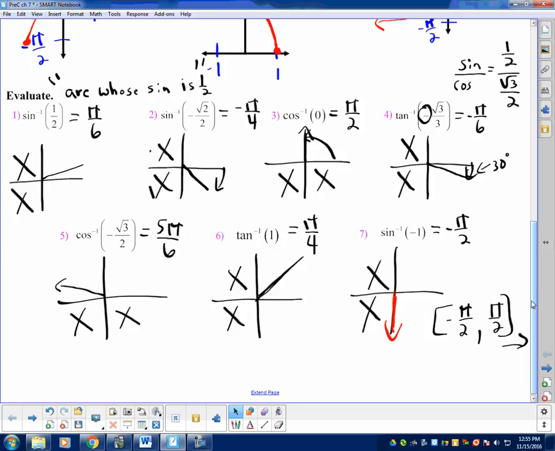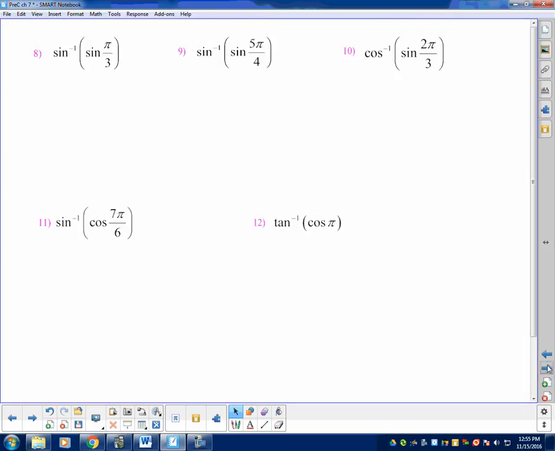So, no grumbling. Inverse sine of sine of pi over 3. Inverse sine of sine of pi over 3. This is good review. Okay. So when we do a composition of functions, where do we usually start when we're doing f of g of x, and I want to plug in 3 for x?